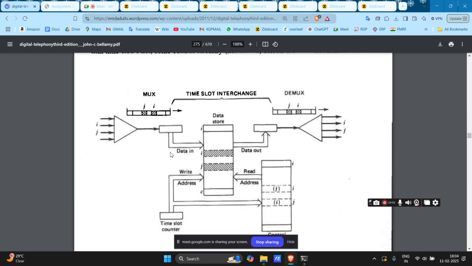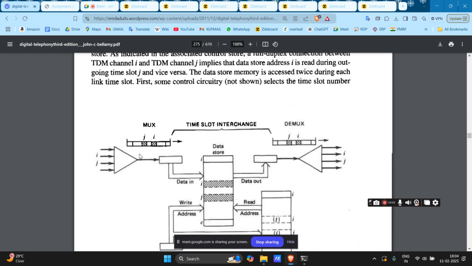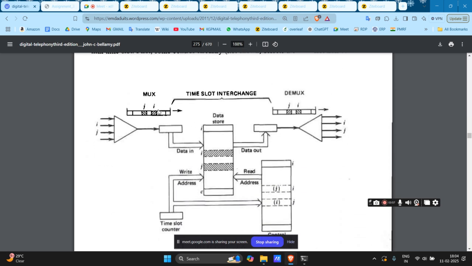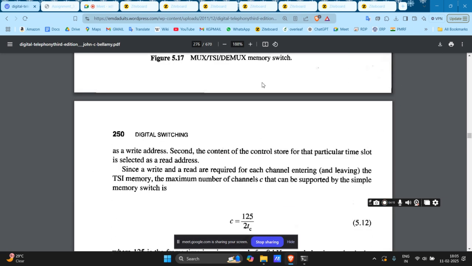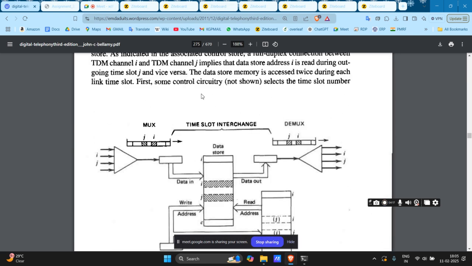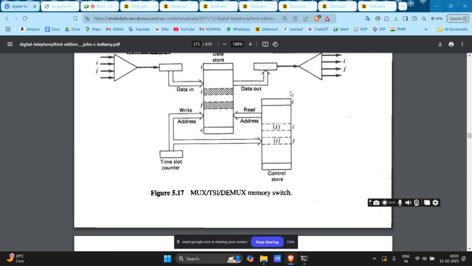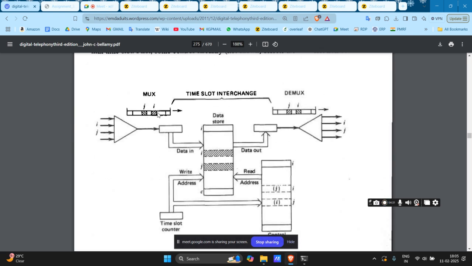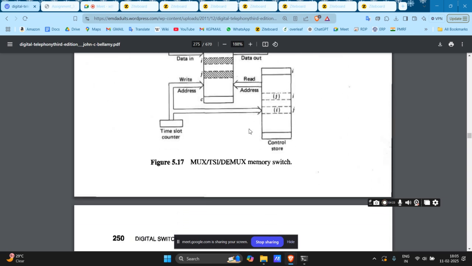So here there is a data storage, and we divide the data into slots, and these slots are stored in the data storage, and when the time comes, they are written out. So the frames are coming, they are written into the data store, and then they are sent when their time comes. So for each slot, there is a read operation and there is a write operation.